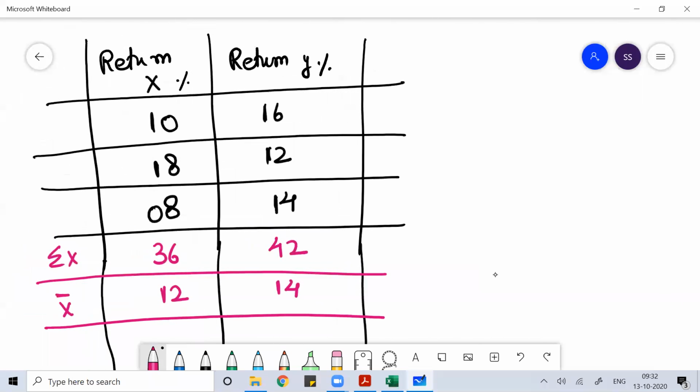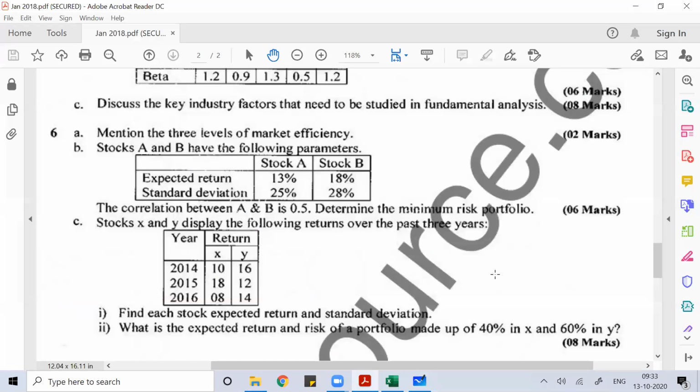This is the return on X, this is the return on Y. I found the average return, and they want each stock's expected return, meaning the average return.